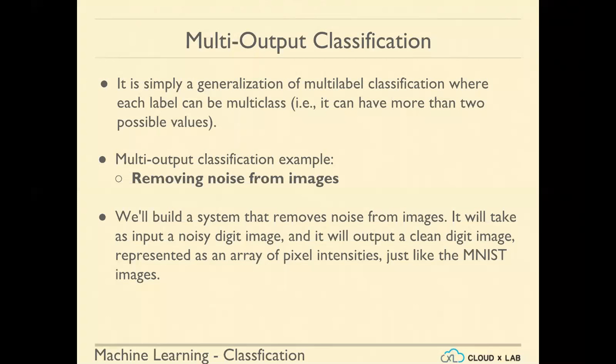We are going to have 784 labels, and that would help you. In this example, the one that we're going to solve, there are going to be a huge number of labels, and I think that would answer your question.